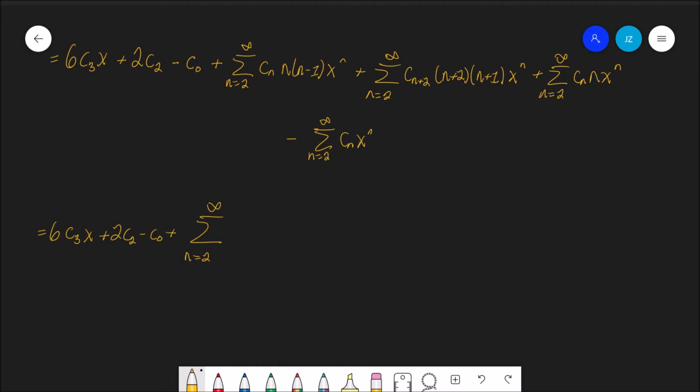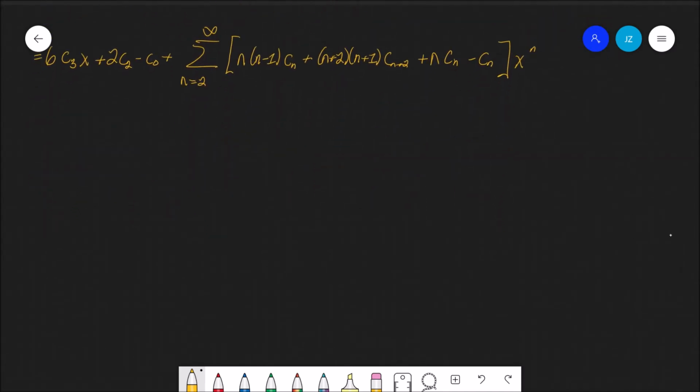So it's the summation n equals 2 to infinity of n times n minus 1 times c sub n plus n plus 2 times n plus 1 c sub n plus 2 plus n times c sub n minus c sub n, and they all have the same x to the n. Now we have to do a little bit of algebraic simplification.